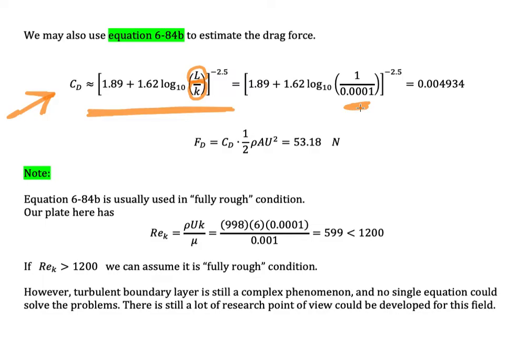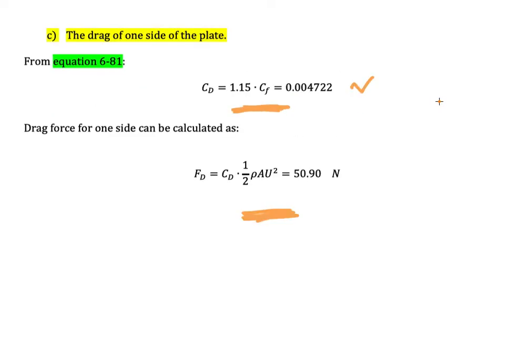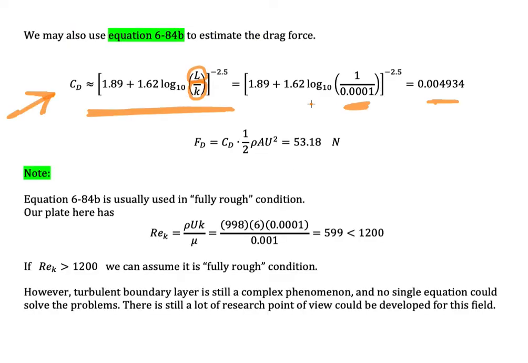So we get CD equal to 0.004934. Comparing with the previous one, 0.004722, this is a little bit greater. Then we can calculate the drag force here as 53.18 Newton. So how do we determine whether our drag force is correct or not?